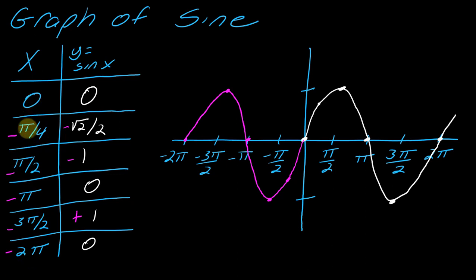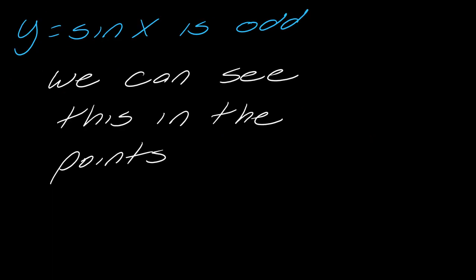I turned each one of these into something negative, and I got the opposite sign out. So this literally is showing what it means to be an odd function. We got the opposite sign each time. That's what we're looking for. And so we can really see that sine of x is odd by looking at the points and the graphs we were just playing around with.